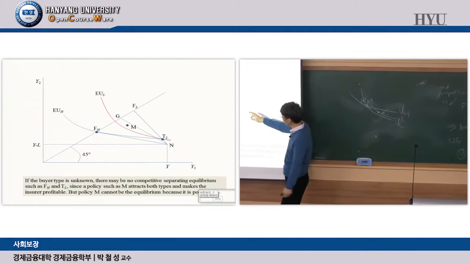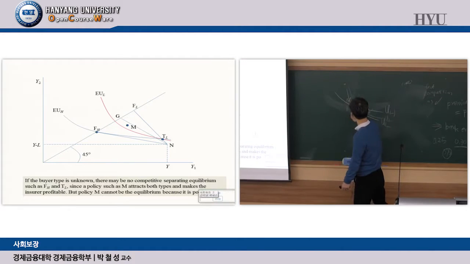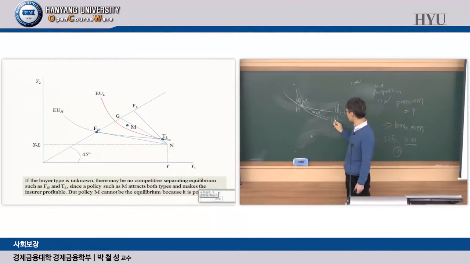Let's think of M and M prime. The low risk type buys M prime insurance because it gives higher utility, and the high risk type will keep M. Now M has only high risk types, and M prime has only low risk types.